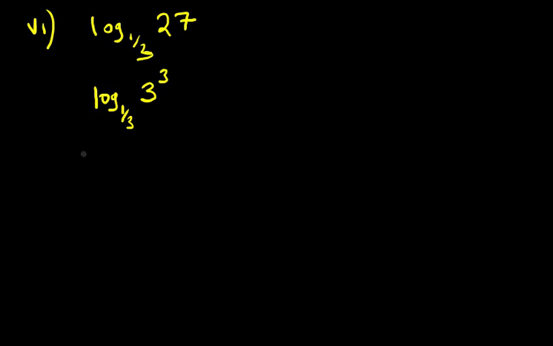And we know that the inverse of 1 over 3 is simply equal to 3. So we can replace this 3 with its inverse, so that it matches that down there.